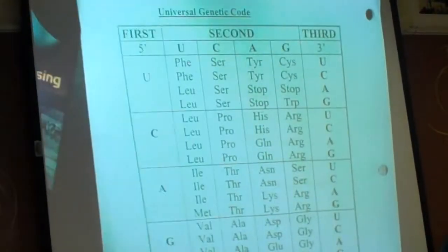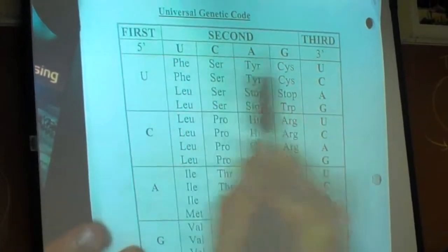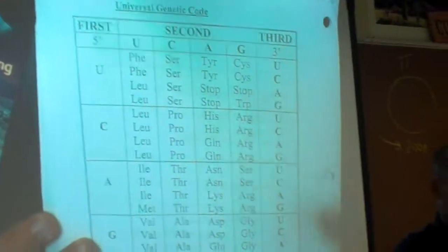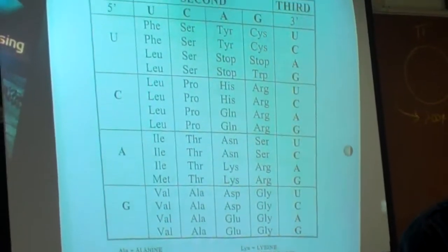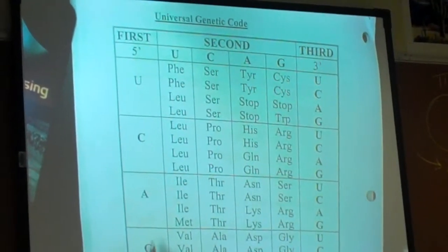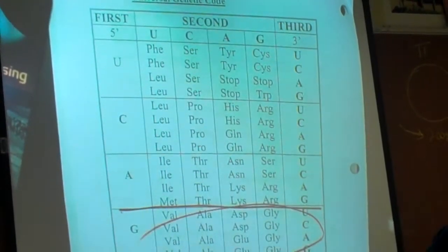Well, our first RNA sequence is GCU, right? Okay, so this first column refers to the first letter. The second column is the second letter. The third column is the third letter. So what I do is I go like this. This is the trick, and I think you guys already figured this out. G, here's G, that means that our amino acid is in this column right here, okay?